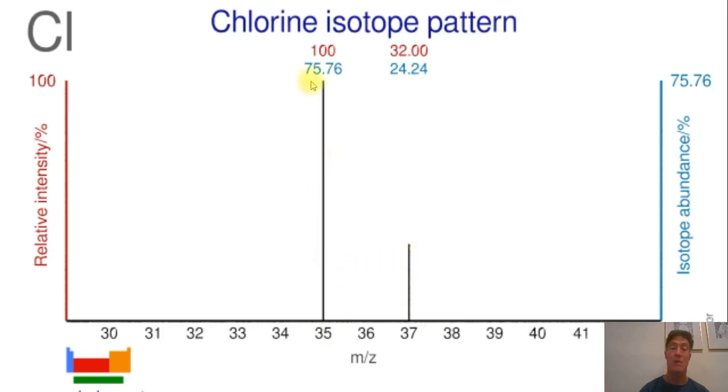I'm going to multiply 35 AMUs times 75%, and then add 24.24% of chlorine 37. When I add those together, it will give me a weighted average of the isotope.